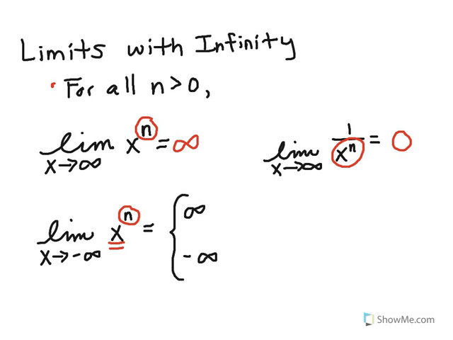So the rule that we're going to put here is that n is even. In order for it to approach negative infinity, then n would have to be odd. And that makes sense, because if x is a negative number, having an odd exponent would keep that number negative, and then it would just get bigger and bigger and bigger.